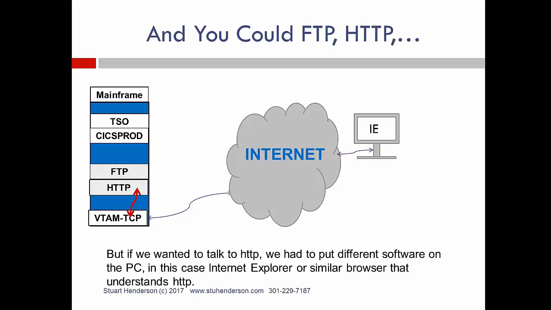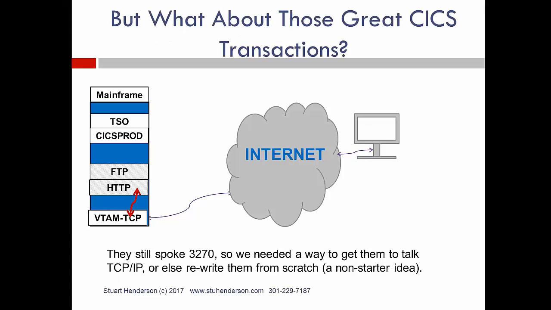So your browser like Opera or Internet Explorer or Firefox would know how to talk to HTTP. So again, we have lots of flexibility. On the PC, you can run a terminal emulator program, or you can run FTP or HTTP, which would be Internet Explorer, or several other programs, and all of these different ways you can connect to the mainframe. Great increase in flexibility. What we didn't notice is we've got more possibilities for software costs, for administrative overhead, for security settings, for encryption settings, and so on.